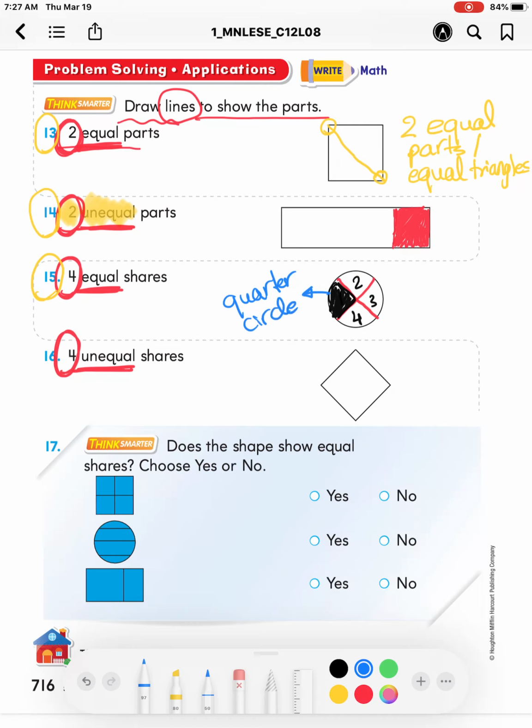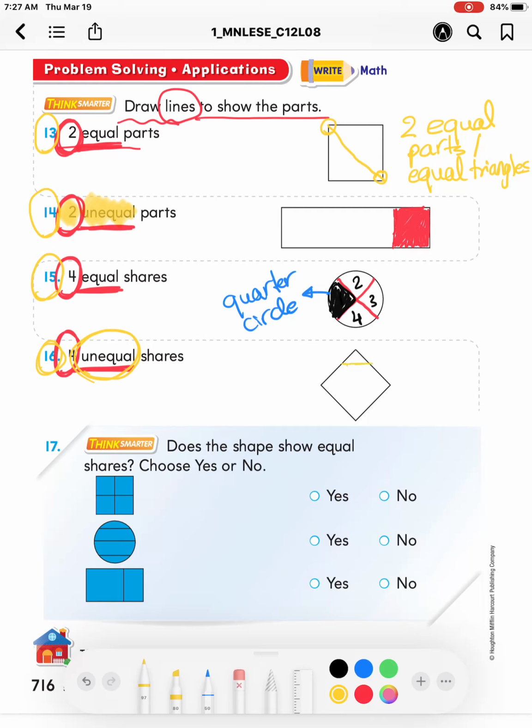Okay, now in question number 16, we need 4 unequal. So can we draw it like this? No, this is wrong because this shows equal shares and we want unequal. So how can we do it?